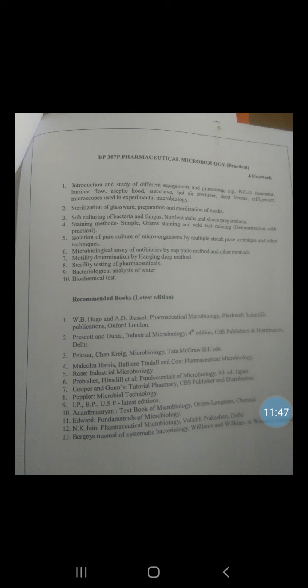In common methods: first the streak plate method, second the pour plate method, third the spread plate method, and last the roll tube method. In special methods: single cell isolation, then enrichment method, then selective media method, and last the differential method. So these are the different techniques that are used for obtaining the pure culture.